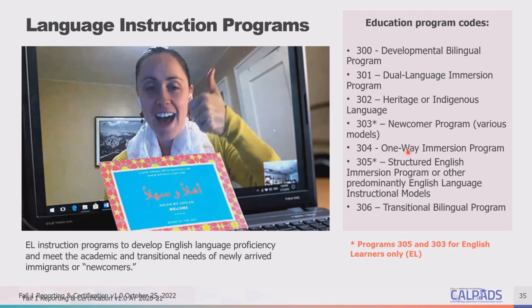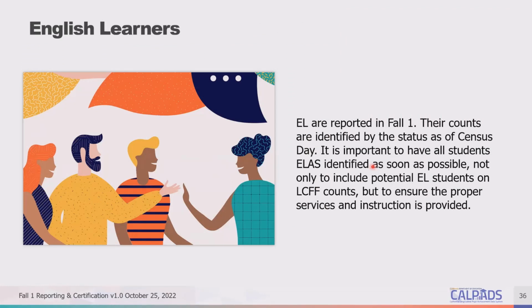So just because you have ELs, that doesn't mean these other students should not be reported, right? Any student who is in a class that is providing these programs can be reported in CalPEDS. So an EO student can be reported. However, just take note that 303 and 305 are specific to EL students. So you shouldn't be reporting 303 or 305 if the student is not an EL. Okay, so for the English learners, this is as of census day.